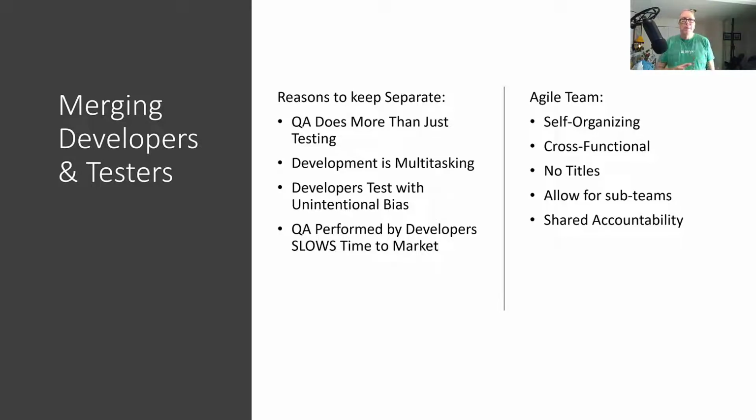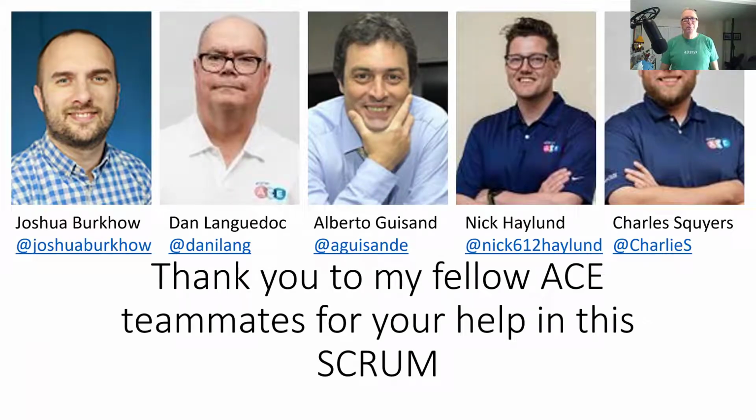So let's keep those functions separate, but let's use agile teams and let people who are sometimes developers be testers on certain functions, to do peer reviews. There's a lot of things that happen in the team, and it's really a shared accountability that the project itself works. So these are the fellow ACEs that helped me out.